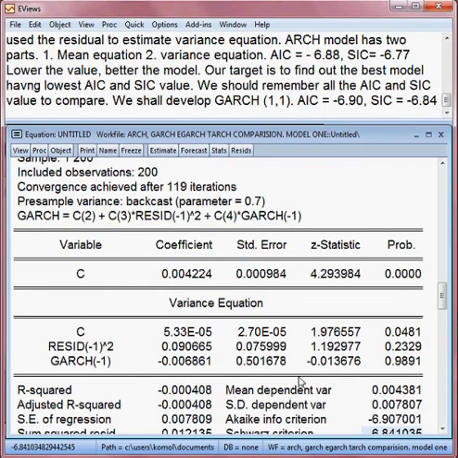Okay, then our third model is called the TARCH model.